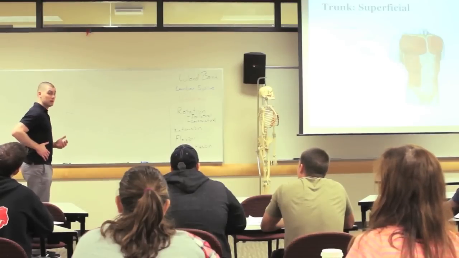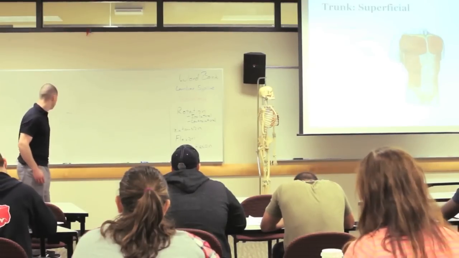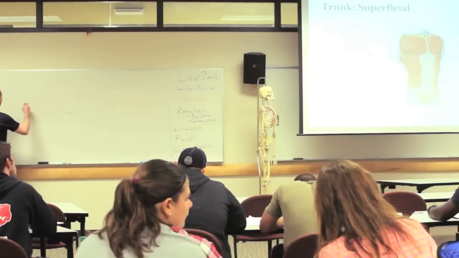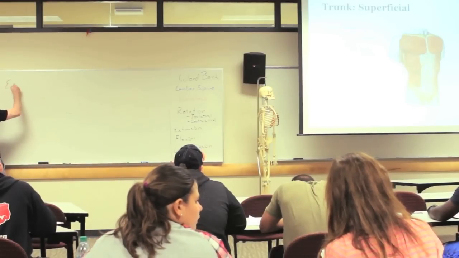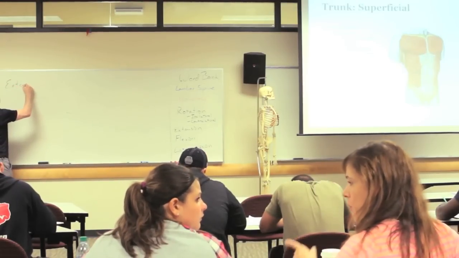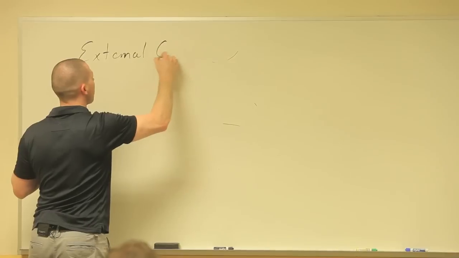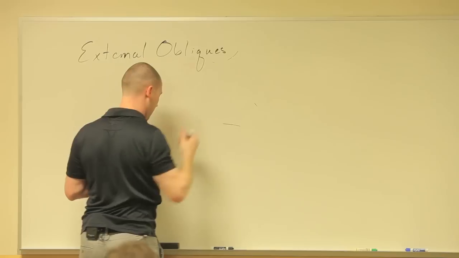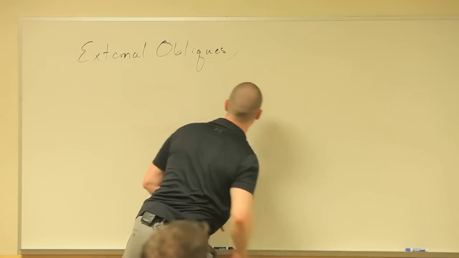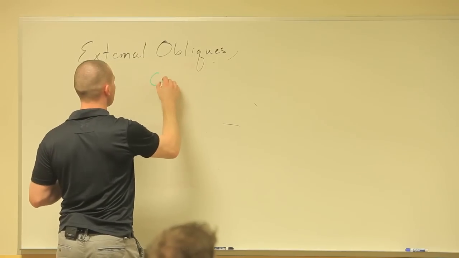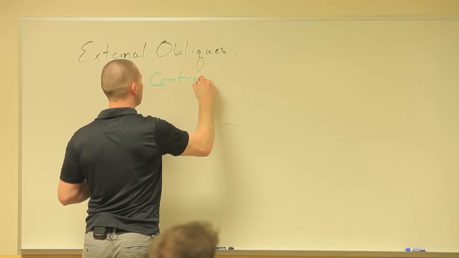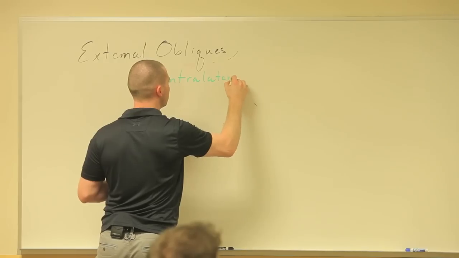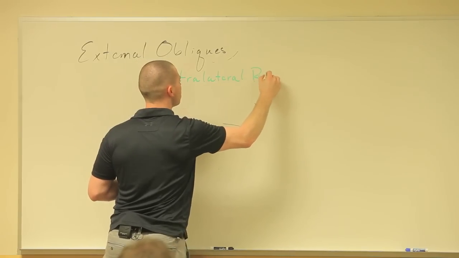Which would be contralateral rotation. So we got external obliques, contralateral rotation.